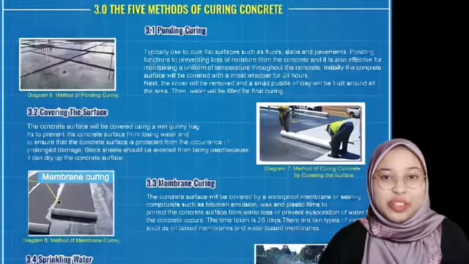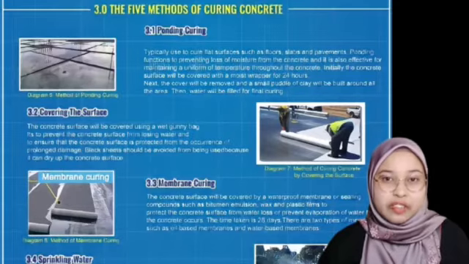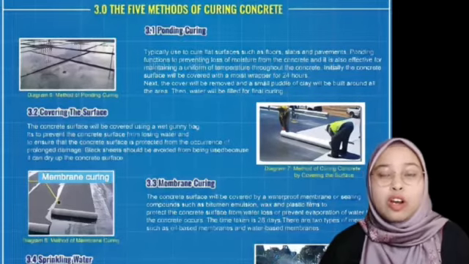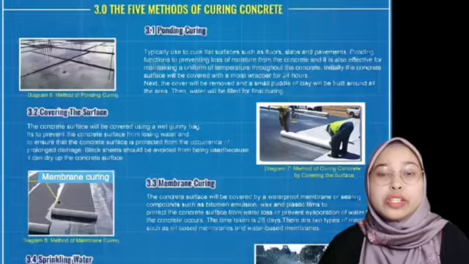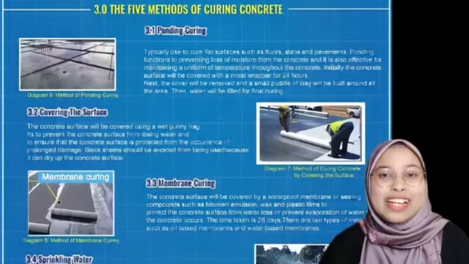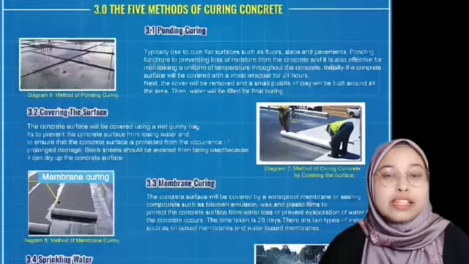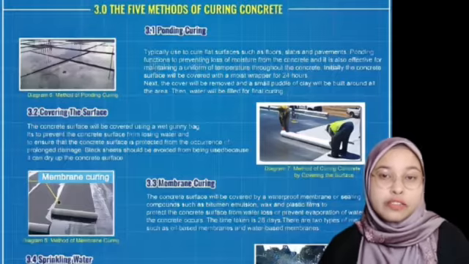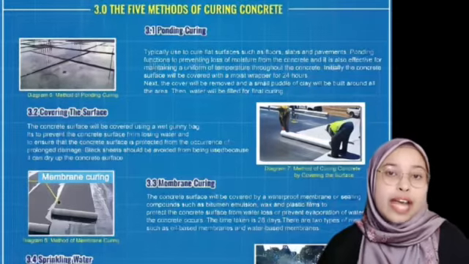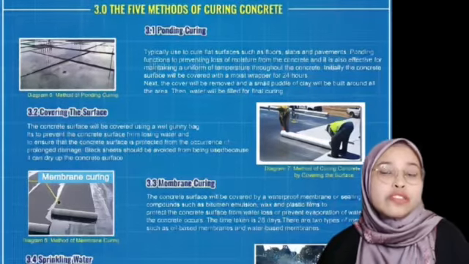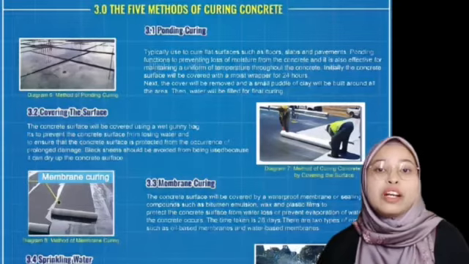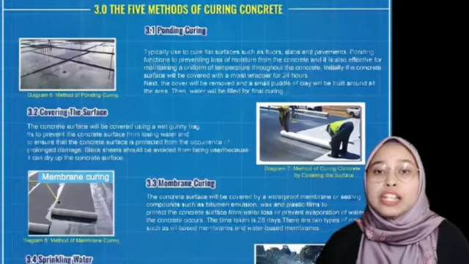Second method of curing concrete is covering the surface. In this method, the concrete surface will be covered using a wet gunny bag. The purpose of this method is to prevent the concrete surface from losing water and to ensure that the concrete surface is protected from the occurrence of prolonged damage.